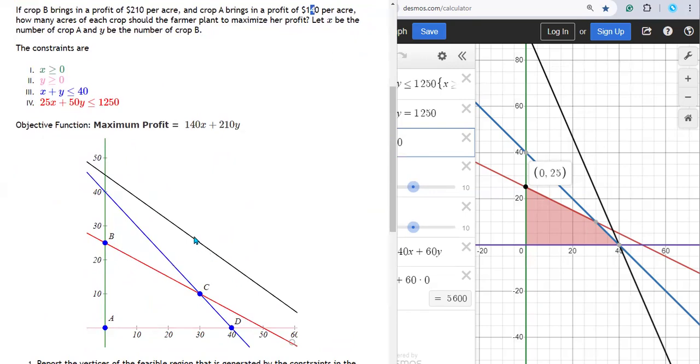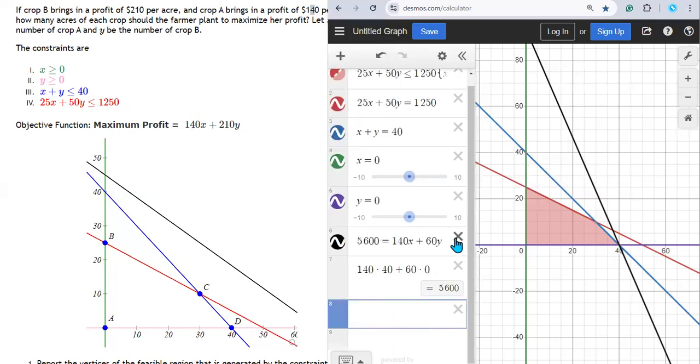It looks like its slope is between the slope of the blue constraint and the slope of the red constraint. So let's calculate the slope of this real quick.